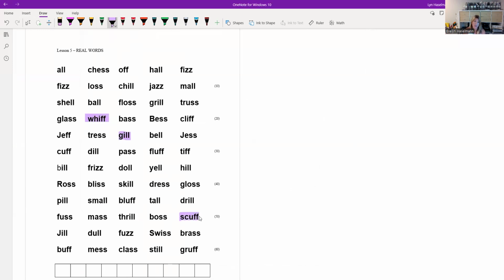Just make sure your student knows these words. And again, you know what I'm going to say. I'm always going to say accuracy over speed. Speed will come after the words are read accurately. So we don't care about fast and wrong. We care about going at the pace your student can be accurate at.